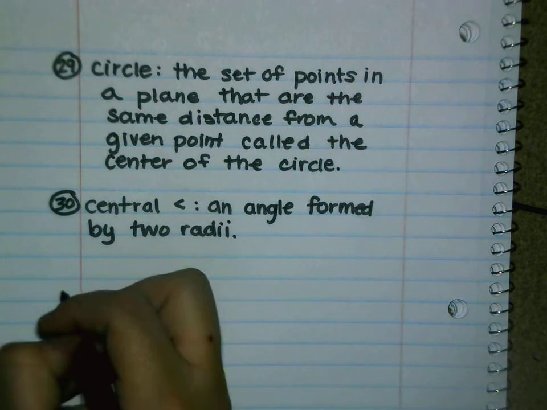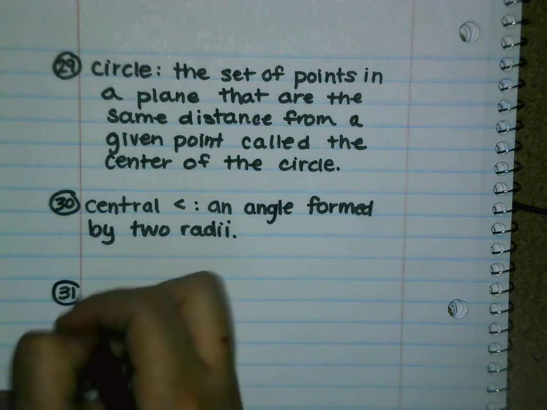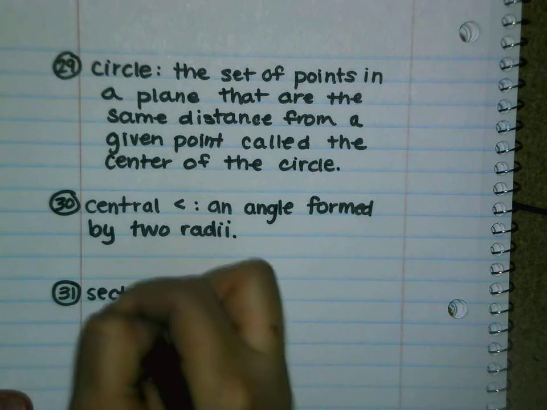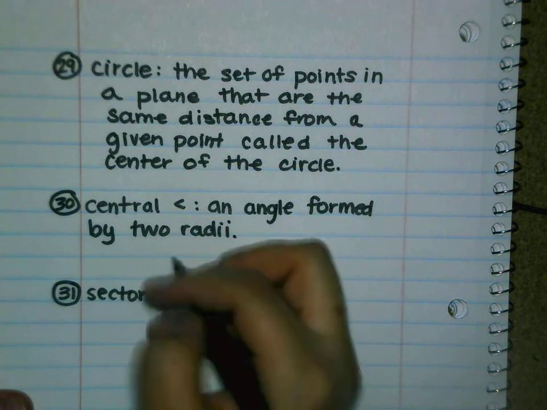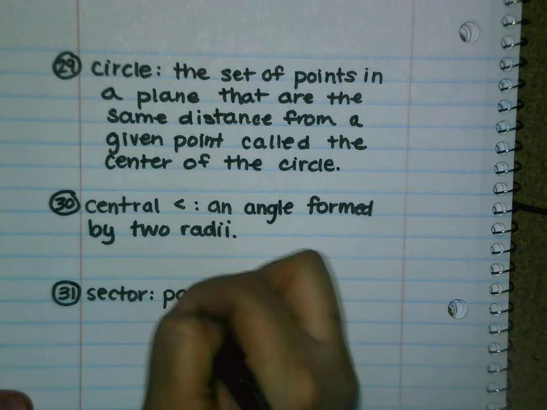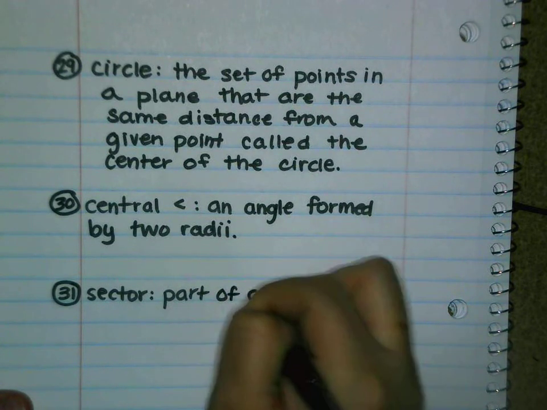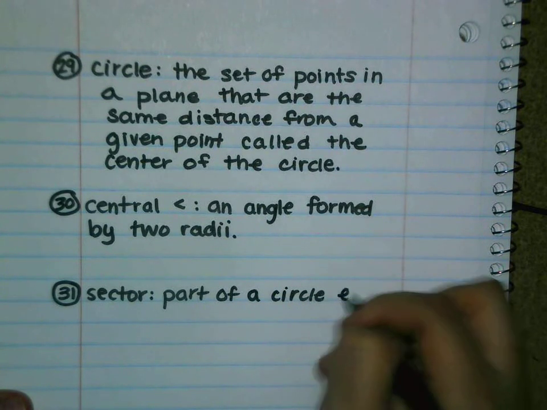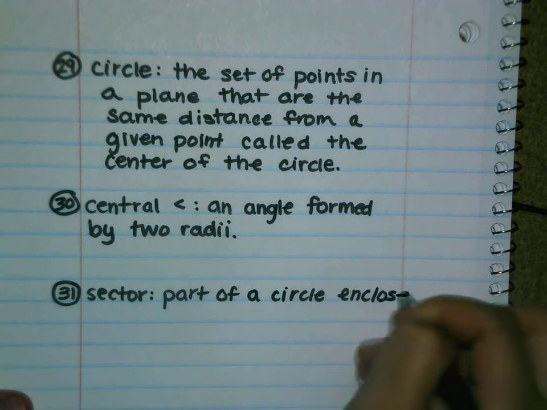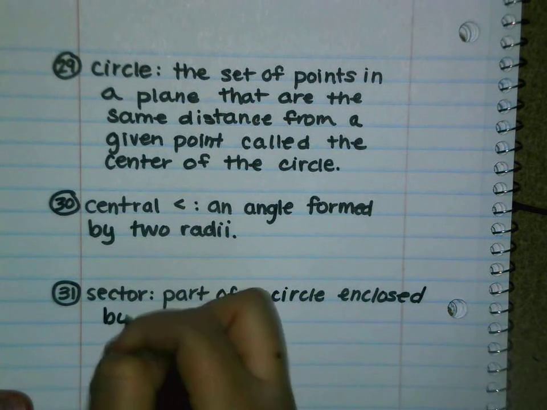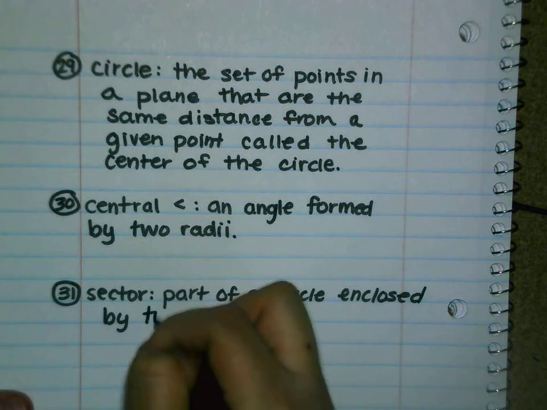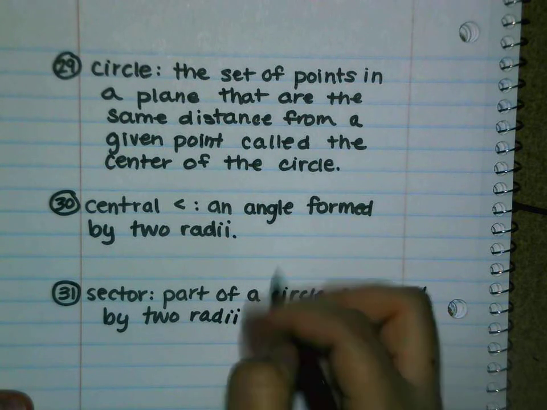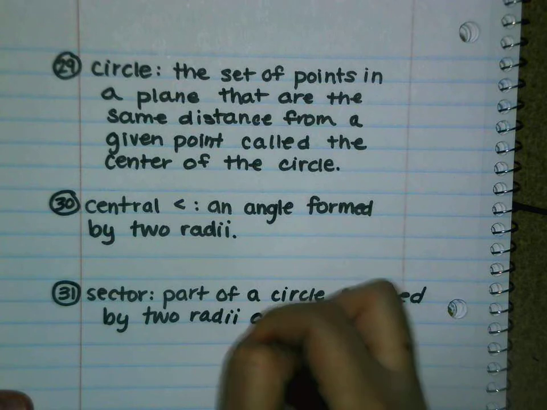And then for 31, we are going to say a sector. A sector is part of a circle enclosed by 2 radii and the arc connecting them.